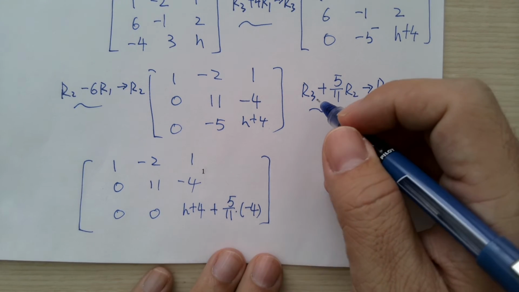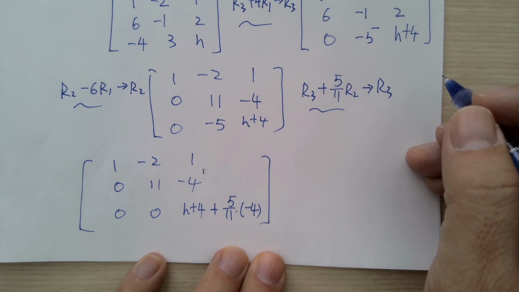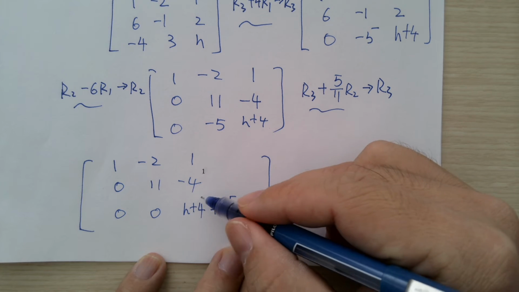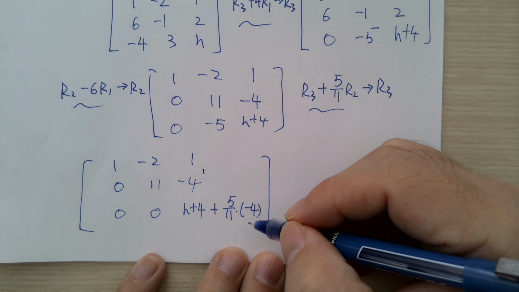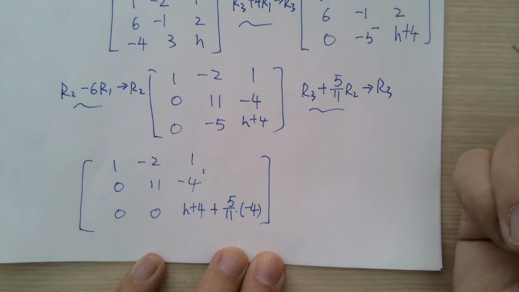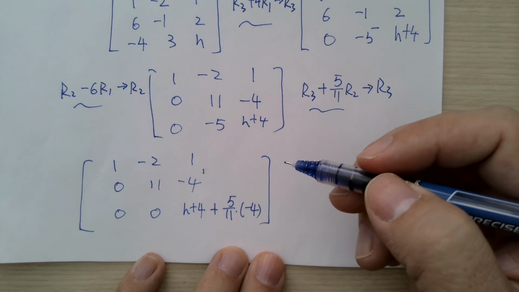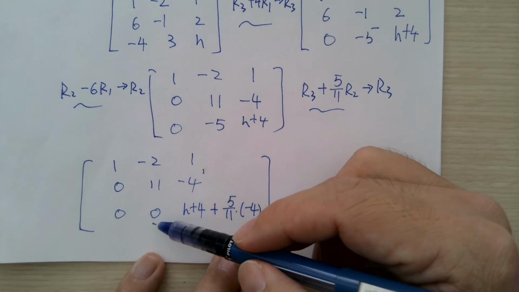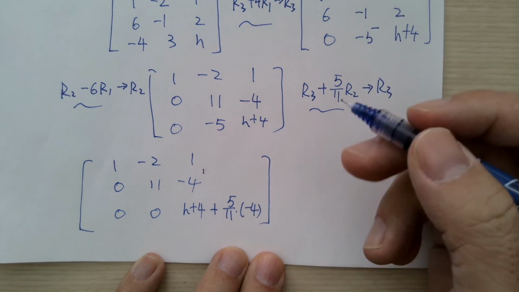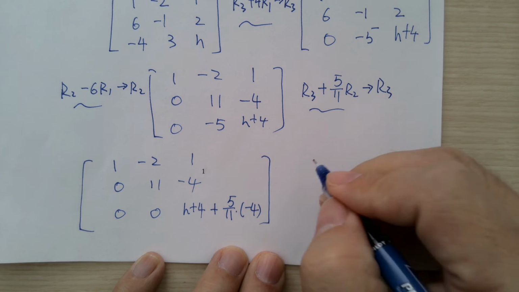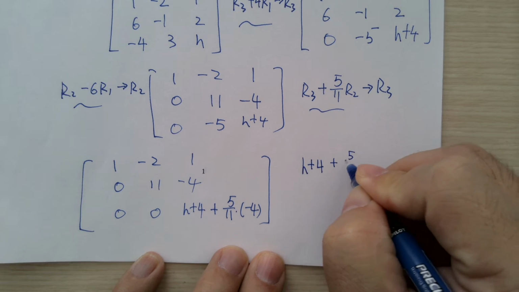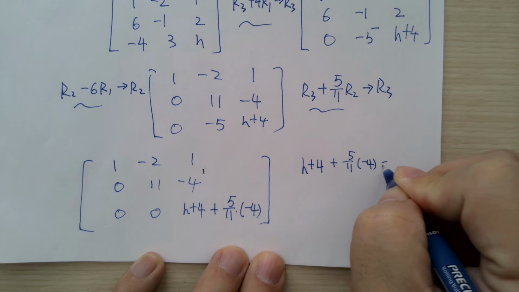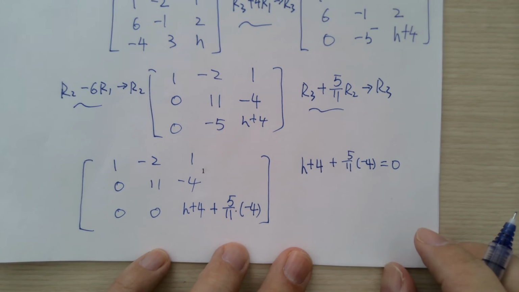To accomplish that, I need to make sure that this last entry must be 0. Otherwise your system is going to be inconsistent, because you're going to have 0, 0, and something non-zero. So you have h plus 4 plus 5 over 11 times -4 must become 0.